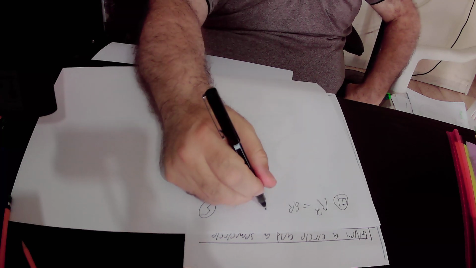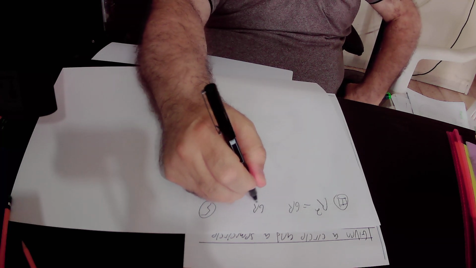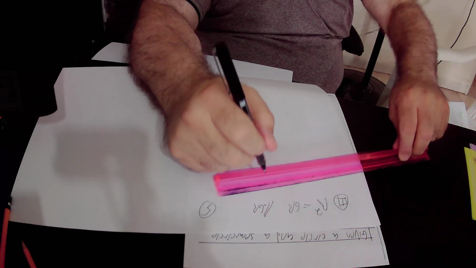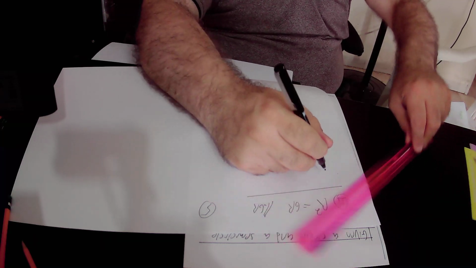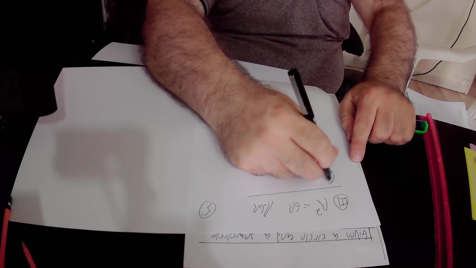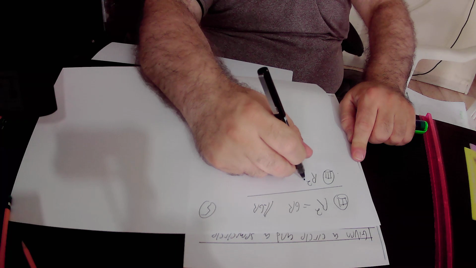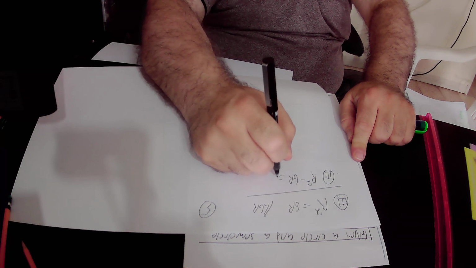Here we subtract 6R from this equation, equation number 3, and we get that according to equation number 3, R squared minus 6R equals 0.